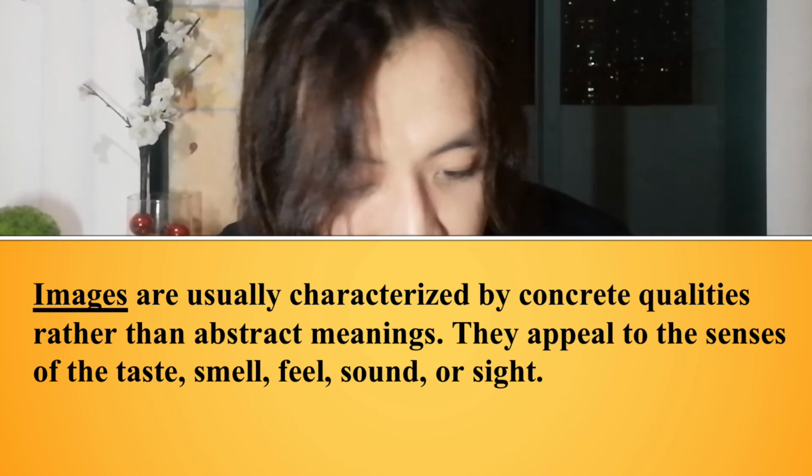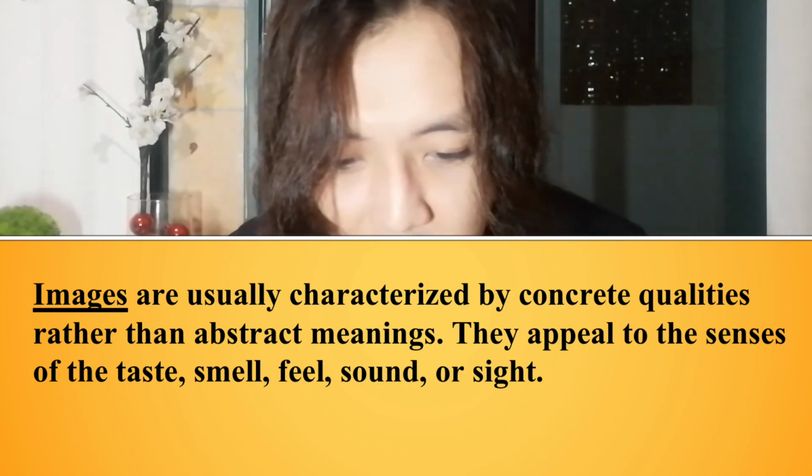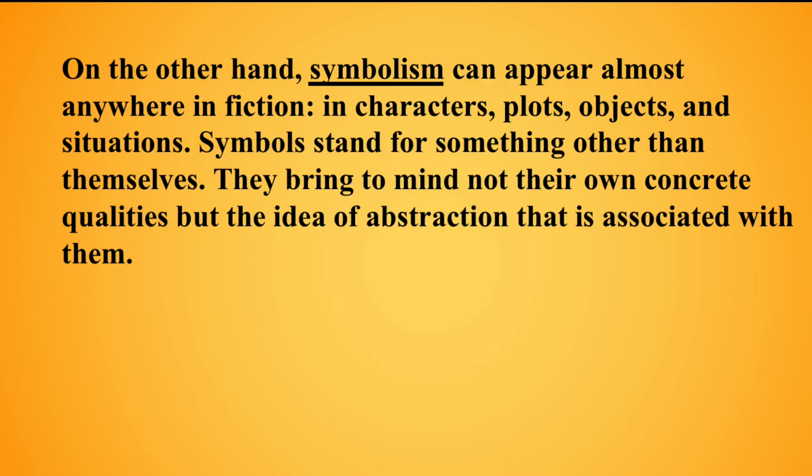They appeal to the senses of taste, smell, feel, sound, or sight. On the other hand, symbolism can appear almost anywhere in fiction, in characters, plots, objects, and situations. Symbols stand for something other than themselves. They bring to mind not their own concrete qualities, but the idea of abstraction that is associated with them. That is imagery and symbolism in a nutshell.